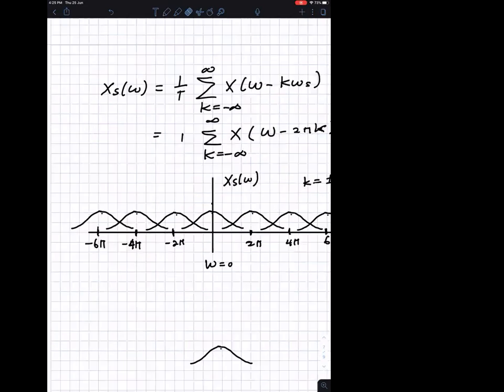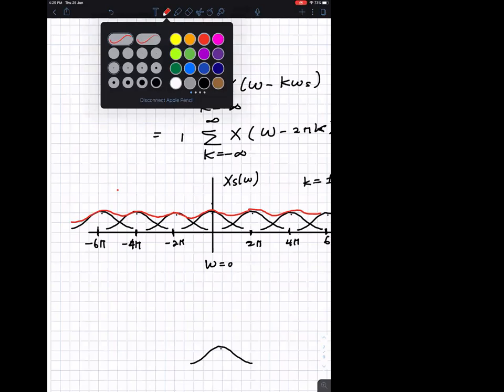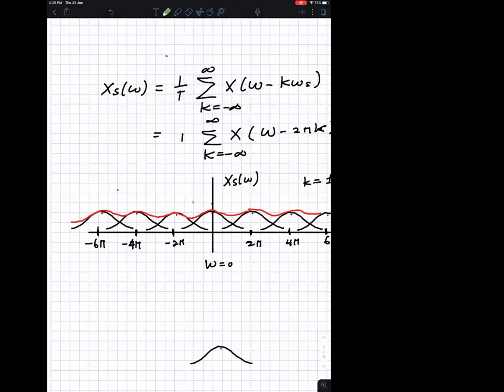If I draw this signal, it's going to be something like this. Even when you use a filter, you're not able to recover the original signal, because the signal is not band limited.